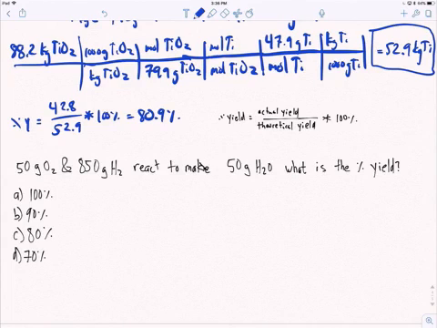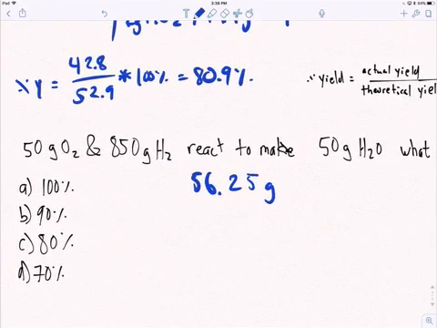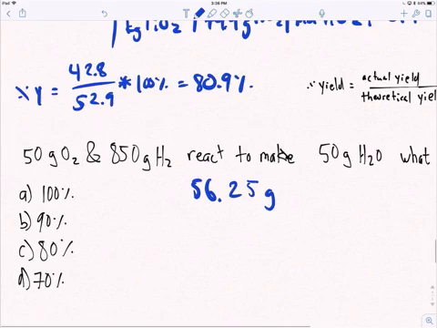Yes, 850. 56.25, that's our theoretical yield. Or you can calculate it out if you want. But I made up those problems, so that's why the numbers are the way that they are.